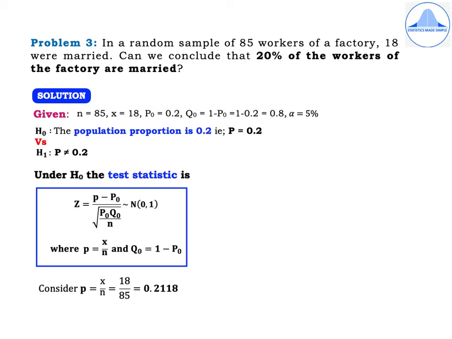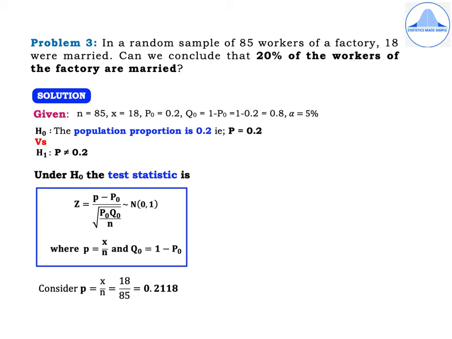One is the value of small n, that is the sample size. Then we need small p, which is the sample proportion, or we need small x, which is number of units which possess a given attribute in the sample. And you will need capital P naught or capital P, which is the population proportion.